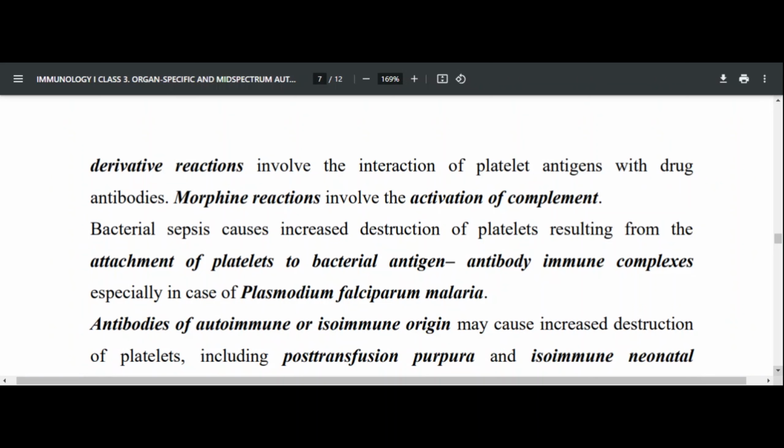That is because of increased destruction of platelets, because of attachment of platelets to bacterial or parasite antigen, which then complexes with antibodies that come and destroy all of them together, destroying platelets and also the bacteria or parasites causing this.